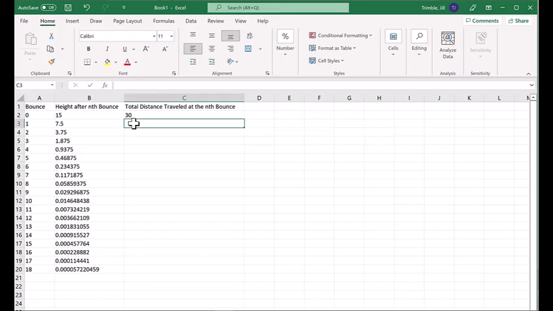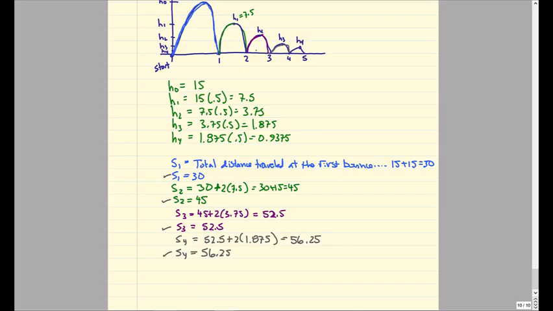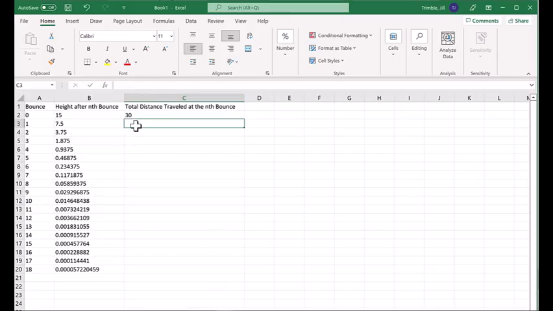Now, the next total distance traveled, let's look at our notes here, is going to be the previous bounce plus 2 times the current height. So this is going to equal the previous total, which is here, plus 2 times the current height, which is 7.5.